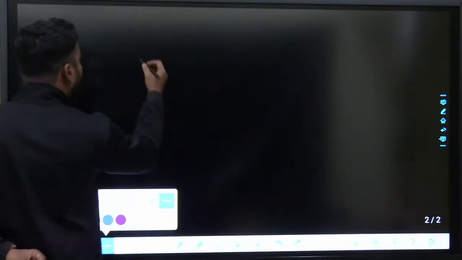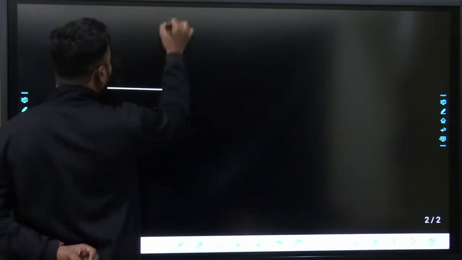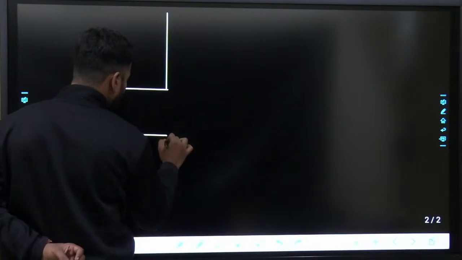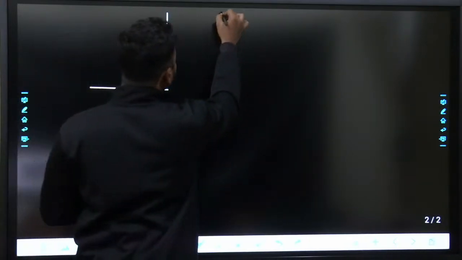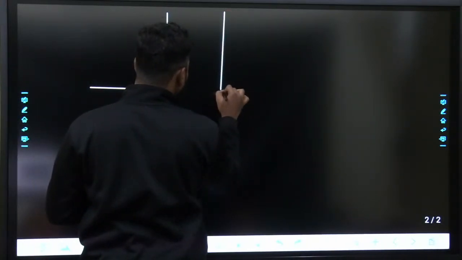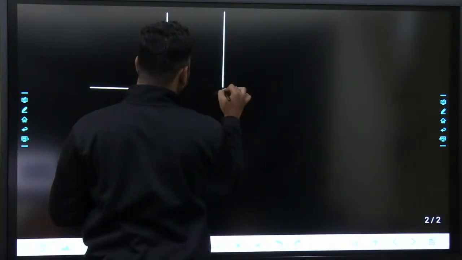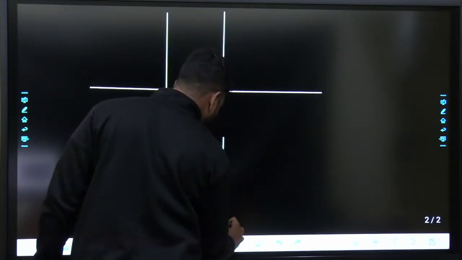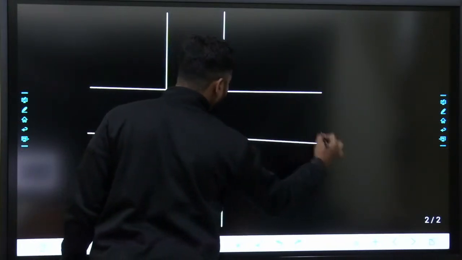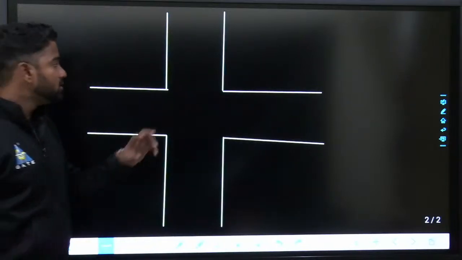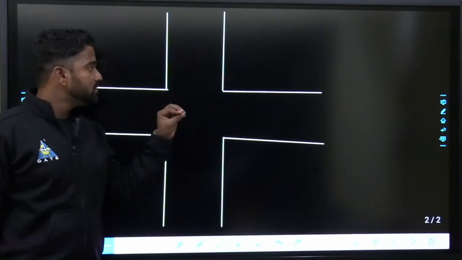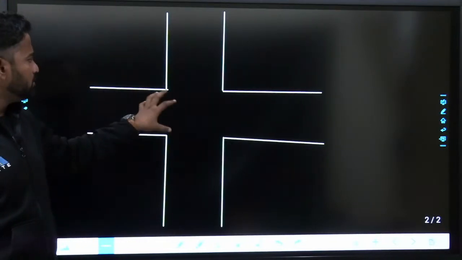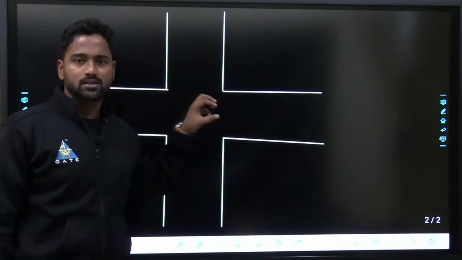Generally we see the signals at the intersections, right? So at the intersections we try to design the signal systems.